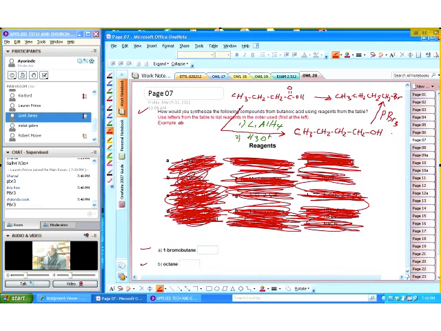Now the next thing they want us to do is to take the same butanoic acid. They want us to convert that same molecule to octane. To octane, that is 8 carbon atoms.